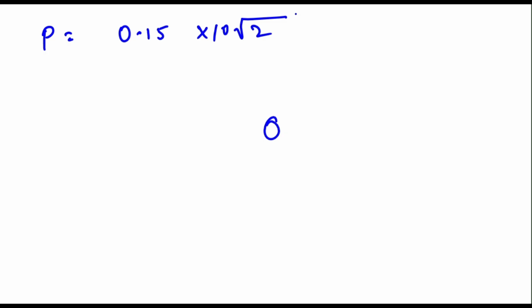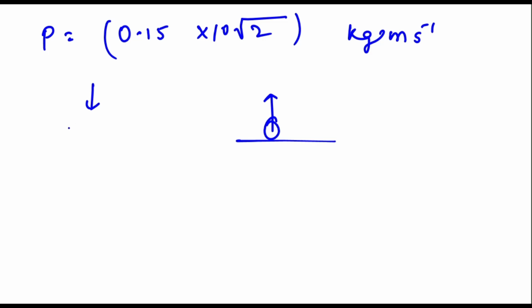Now this is in SI system, kg meter per second. Now this ball rebounds and its momentum flips by 180 degrees. So if we take this direction of momentum to be positive, this direction will be negative, and the change in momentum will ultimately be twice of this.